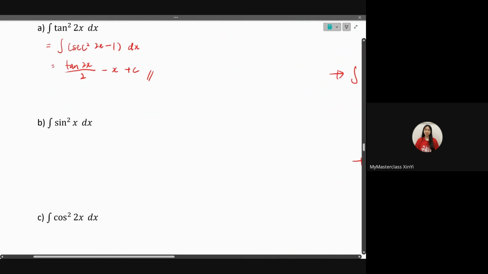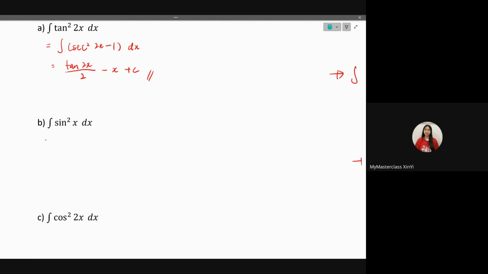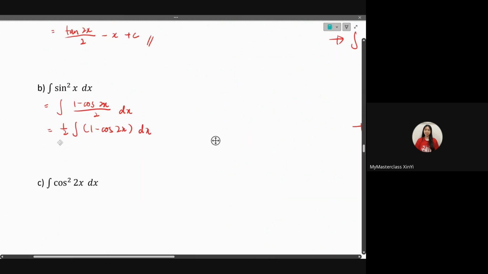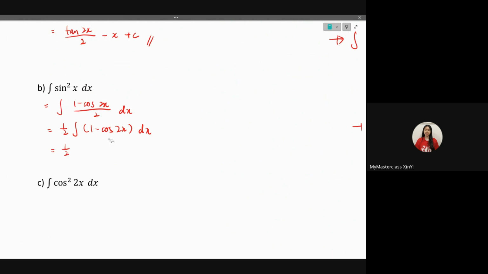Then for integration of sine square x, I need to make use of my identity. So this is integration of 1 minus cosine 2x over 2. I can take out the half here, so it becomes just 1 minus cosine 2x dx. Then when I integrate 1, I will get x.